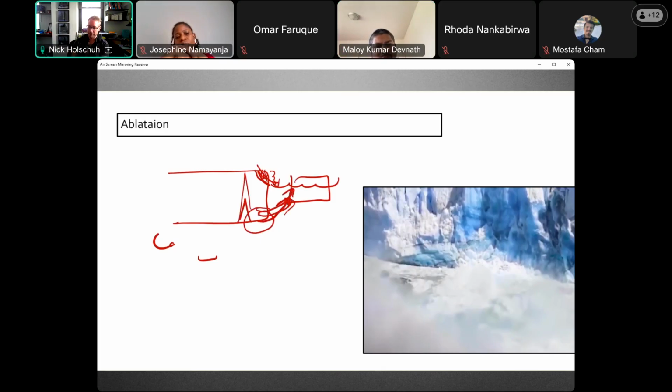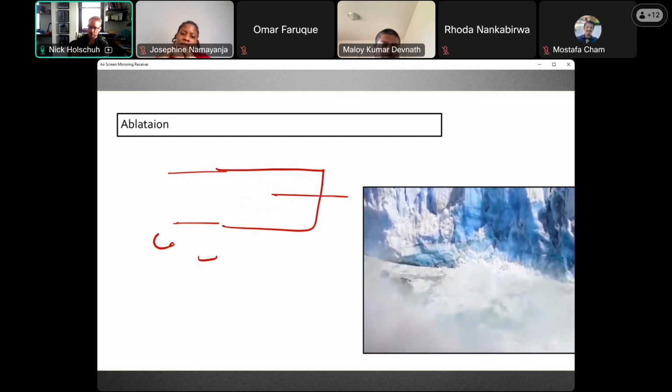You'll also find in some places where the ice is undergoing very rapid extension that this whole part of the ice shelf is flowing so fast that it will pull apart as a rift and separate as a nice coherent block that will then float away from the ice shelf. And all three of those modes of calving are observed in nature.